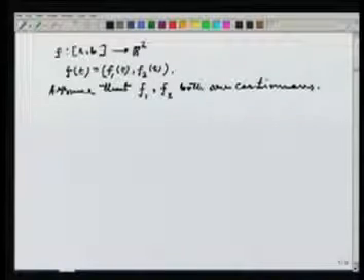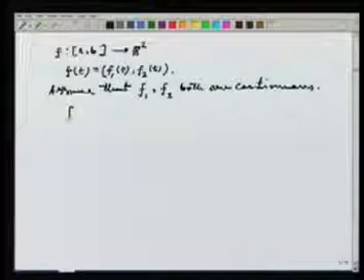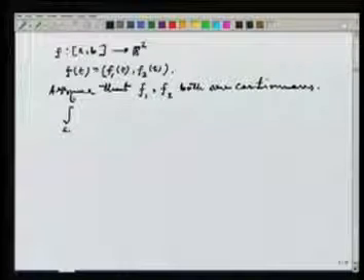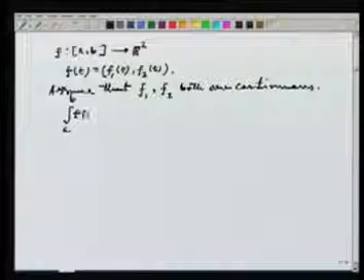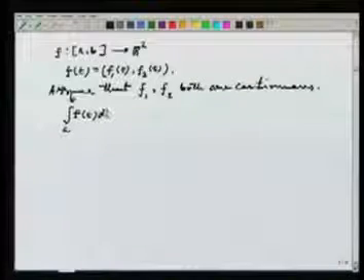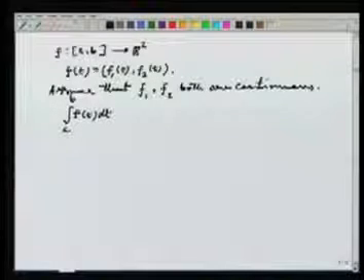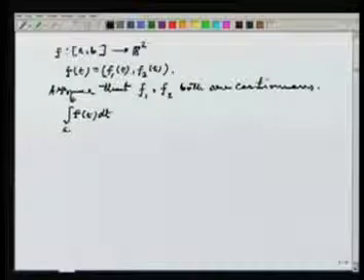Then I am going to define something called the integral a to b f t dt. This requires a definition because note that f is no longer a real valued function. It's a function whose values are in R2, so it's a vector valued function, and I'm going to talk about its integral. Now your natural intuition suggests that this integral should define a vector.